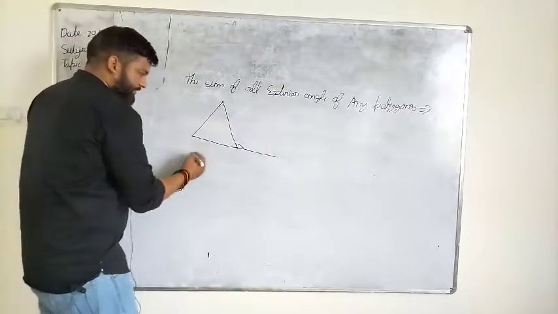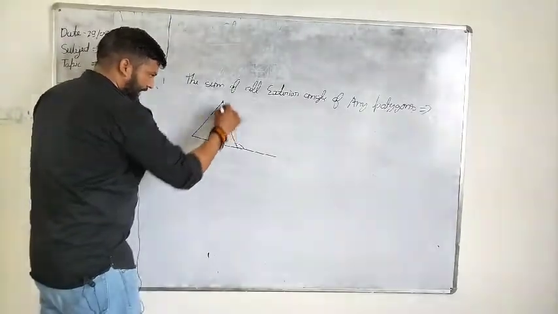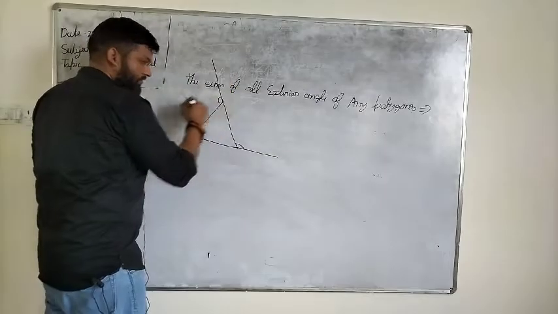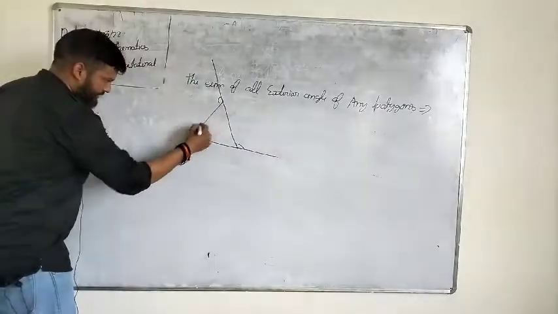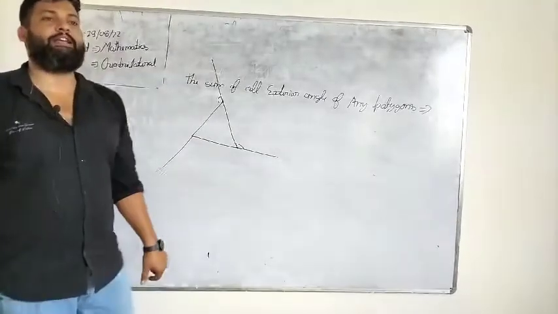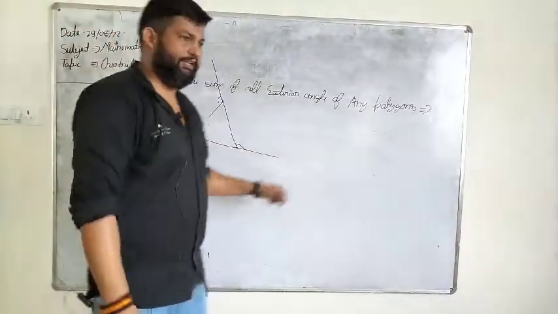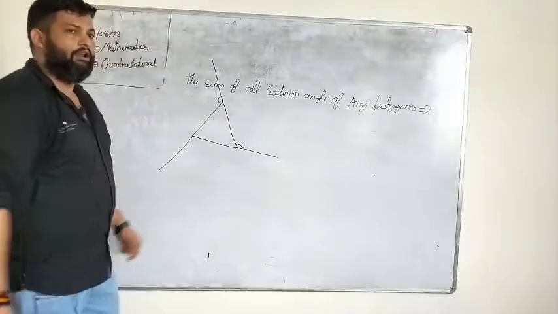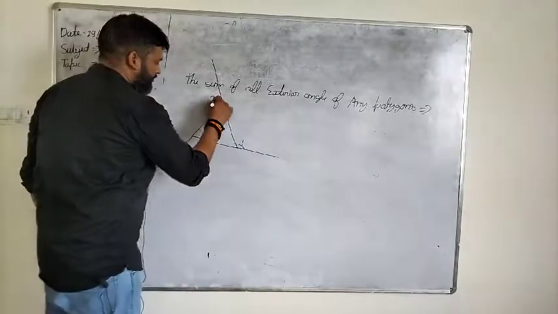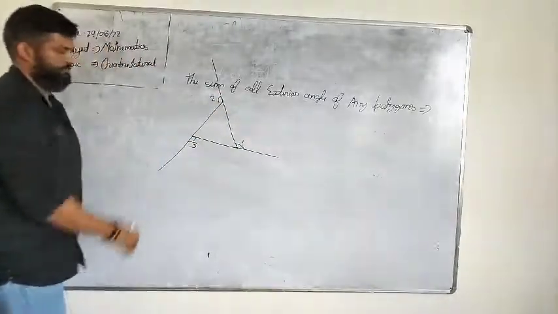In the same sequence, this is the first side, after that this is the second side, and you have to produce this side, and then the third side is this, you produce this side too. So exterior angles form. In a triangle, how many exterior angles are there? 1, 2, and this is the 3.